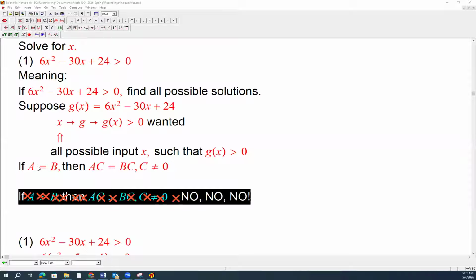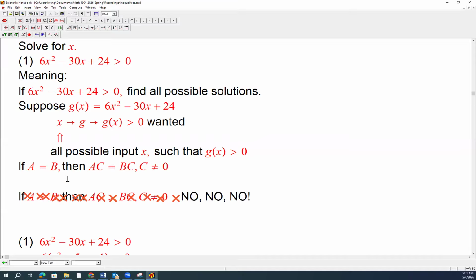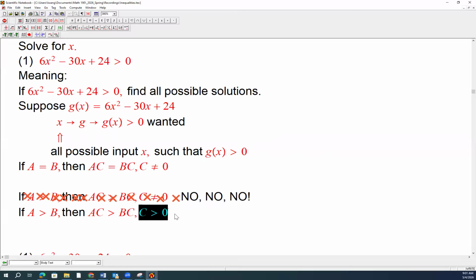So what would be right? Here's the right principle. If A is larger than B, then A times C is larger than B times C, provided that C is positive. C must be positive.